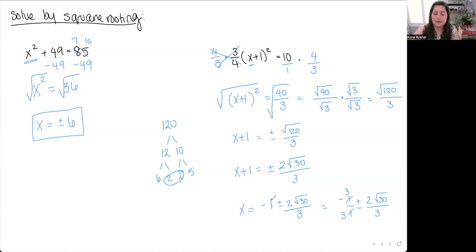So that instead of having a negative, like whole one, I can end up with negative 3 plus or minus 2 root 30 over 3, like that. So that is all under one big fraction instead of a whole number and then a fraction combined together. I think both are totally acceptable answers. It just depends on what your teacher prefers.